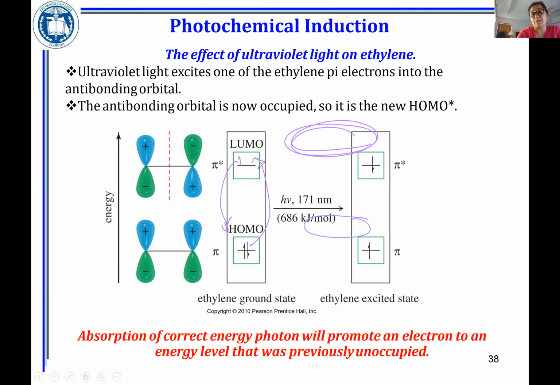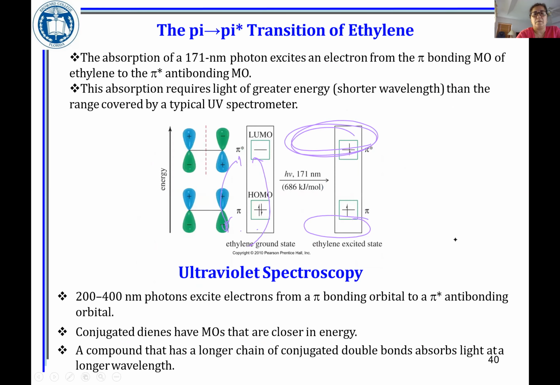The HOMO and LUMO terms are also used in UV spectroscopy. So when the energy is absorbed to go up, the same amount of energy would be released when it's coming back to a more stable situation.